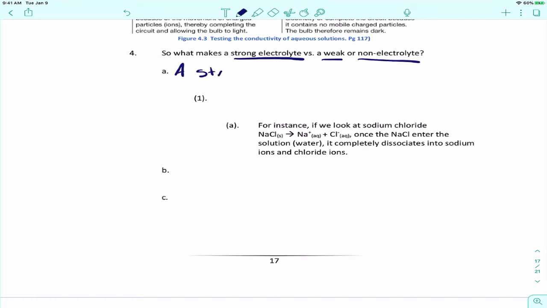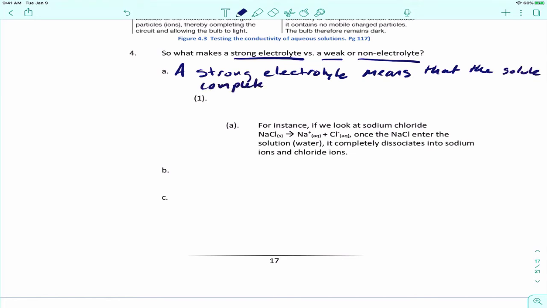So a strong electrolyte means that the solute completely dissociates.